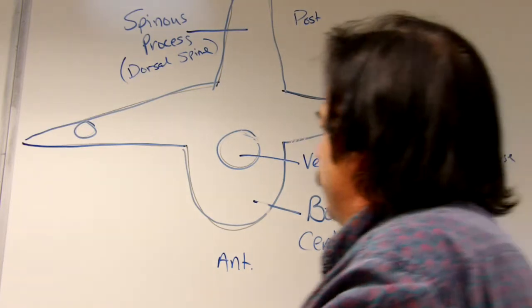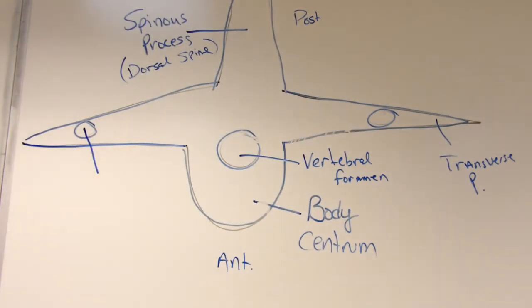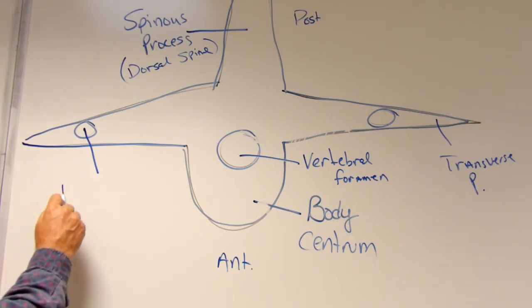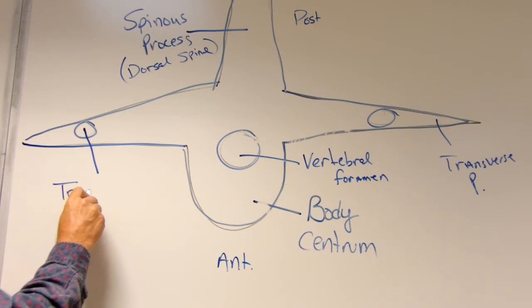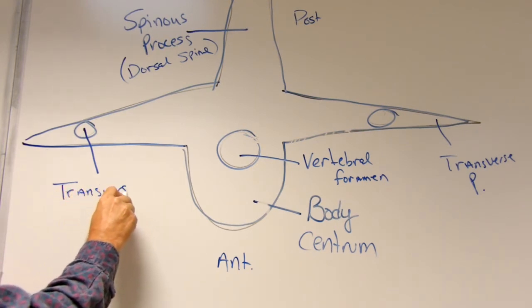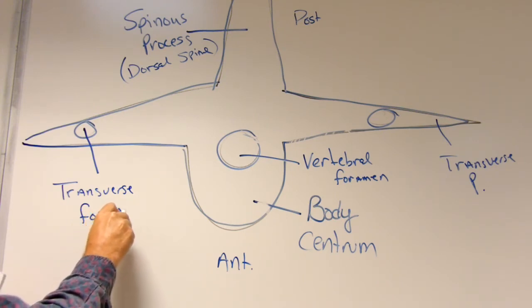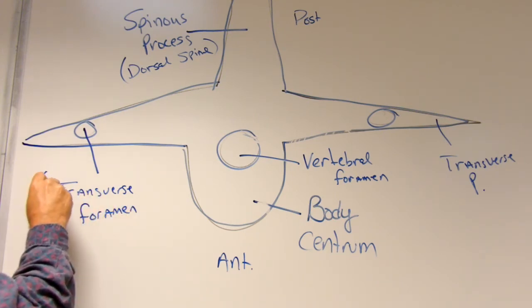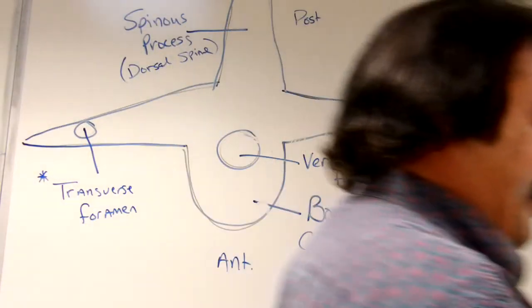So now that we know the word foramen, we have two holes that are on our transverse process. So with common sense, we would call this the transverse foramen, with an asterisk. Okay, so why did I put the asterisk there?